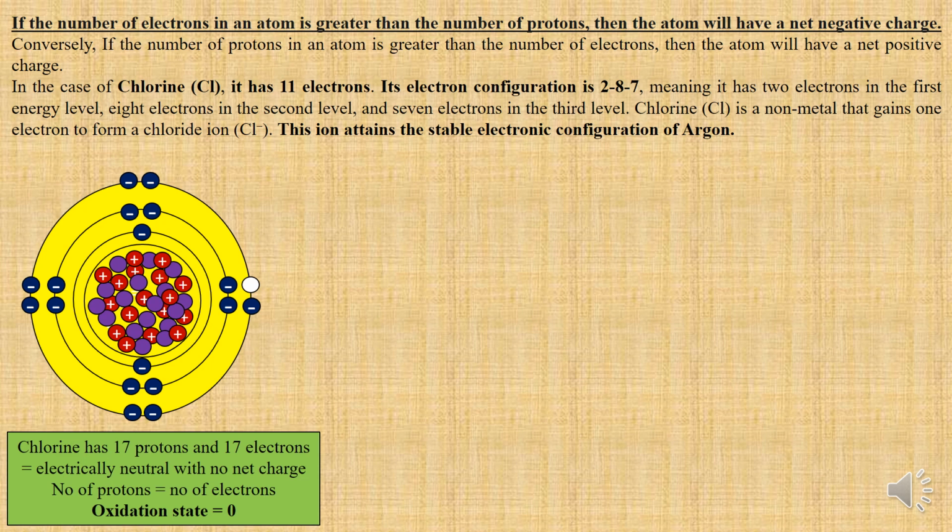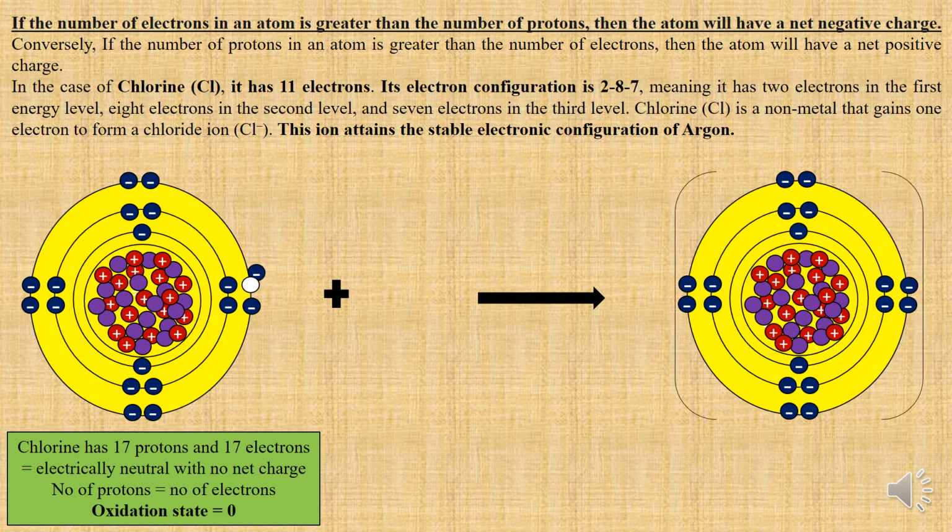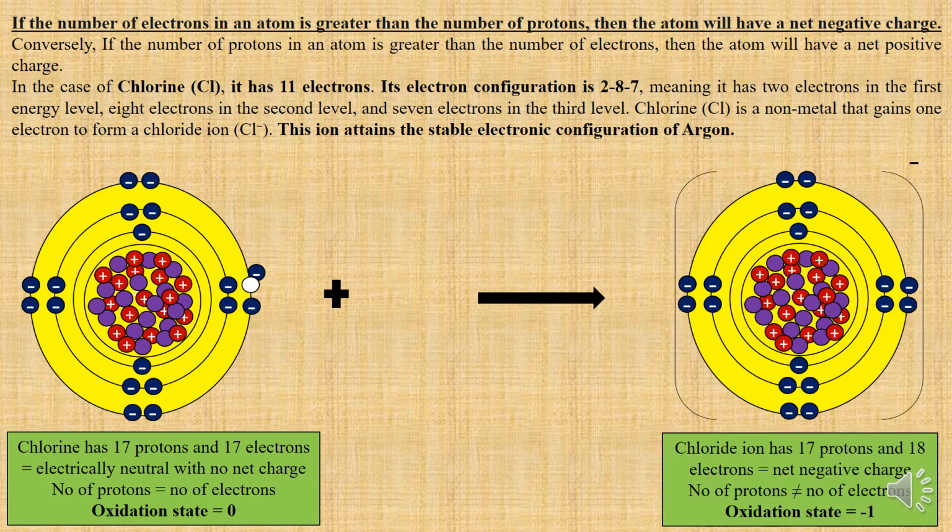So chlorine has 17 protons and 17 electrons, and therefore it is electrically neutral with no net charge. That is to say, the number of protons is equal to the number of electrons, and therefore the oxidation state is 0. So it gains 1 electron given by the sodium, and this results in formation of chloride ion.